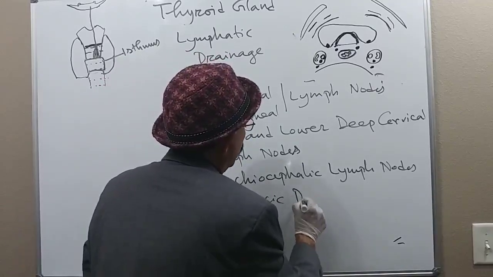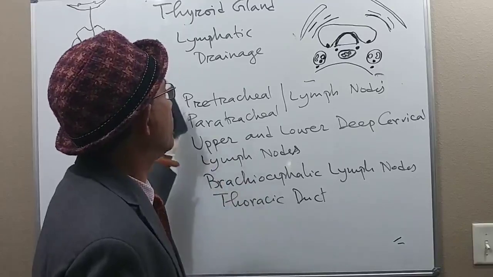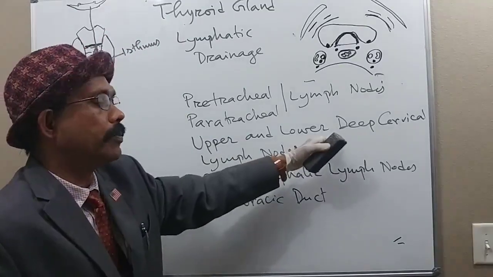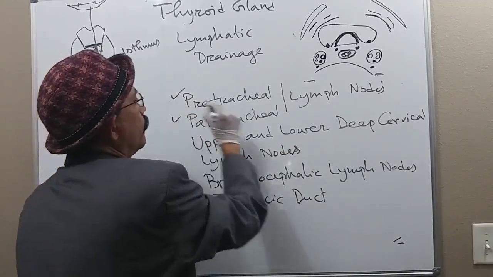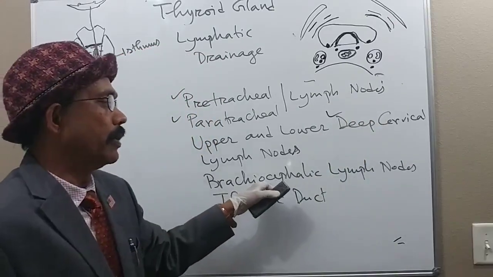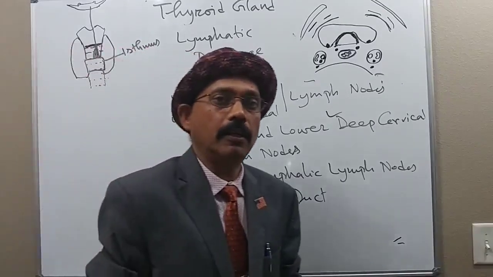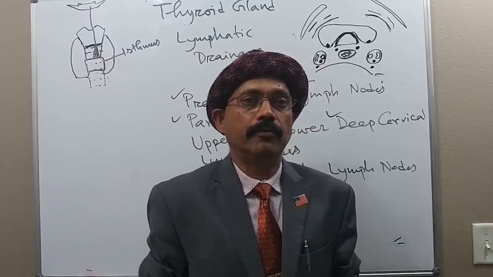Some of the lymphatics may go there directly. So we got pretracheal, paratracheal lymph nodes and deep cervical lymph nodes mostly. But we have to know that it may go to the brachiocephalic lymph nodes, and it may go to the thoracic duct directly. Okay, we got the lymphatic drainage.